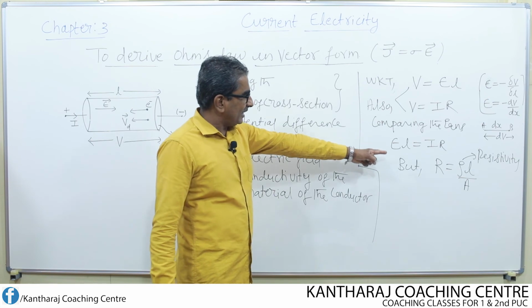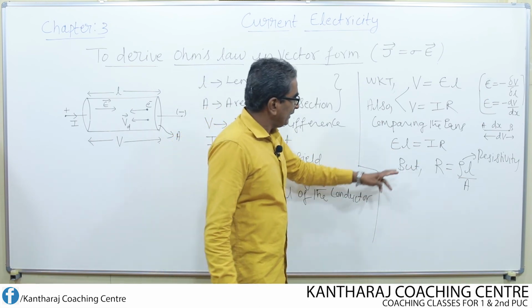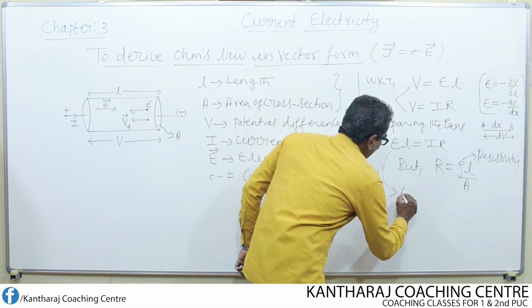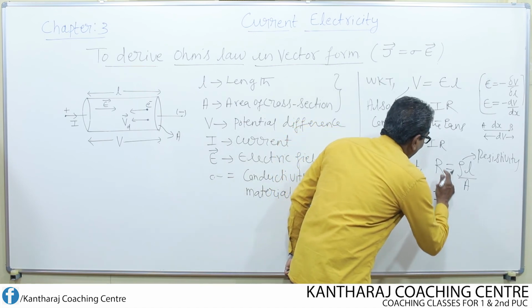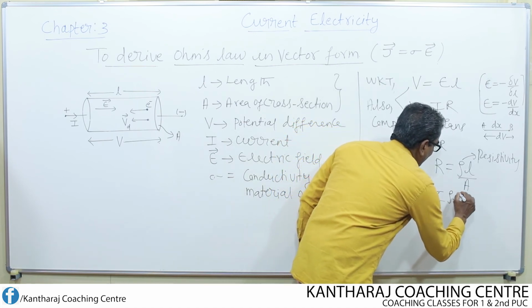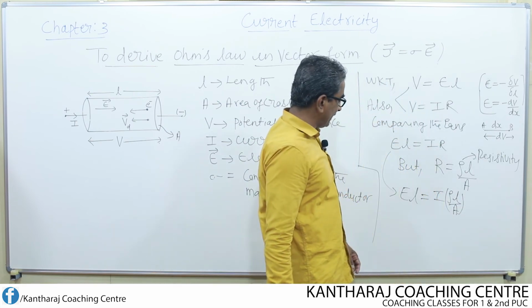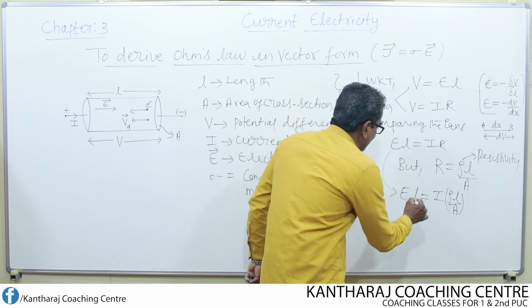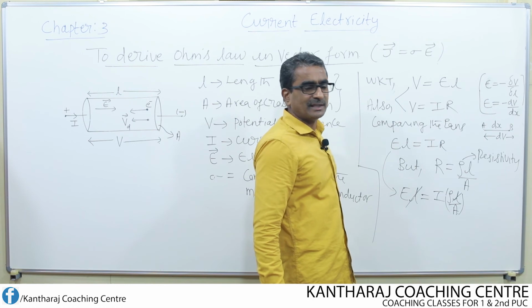So R is equal to rho L divided by A. If I substitute for R in this equation, what do I get? E into L is equal to I, and for R I can write rho L divided by A. So E into L is equal to I rho L by A. Now, L and L get cancelled.